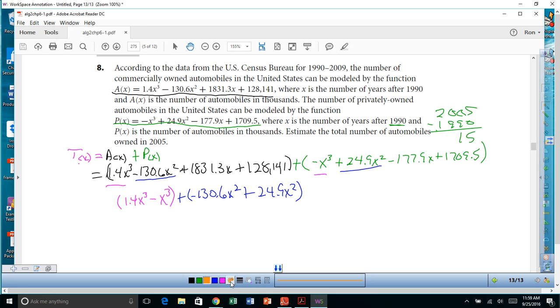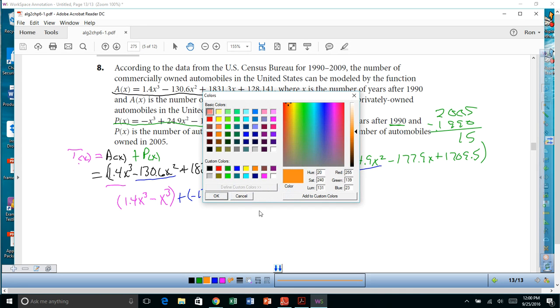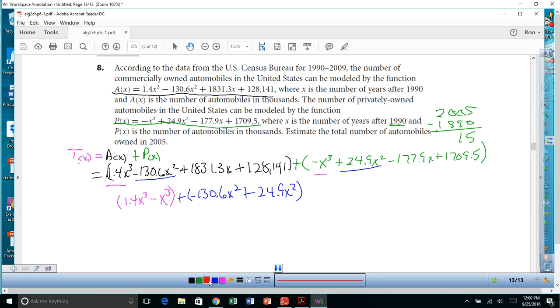And then our next term, I thought I got rid of orange. Let's go make that red. All right, 131. So we got plus, and that's going to be 1831.3 x minus 177.9 x.